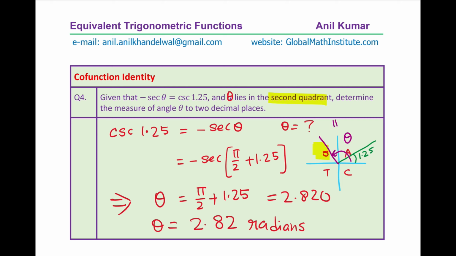And that is pi by 2 plus 1.25. Is that clear to you? So that becomes the visual for understanding question number 4's solution. I hope this is absolutely clear to you. So just add pi by 2 to 1.25 to get your result.